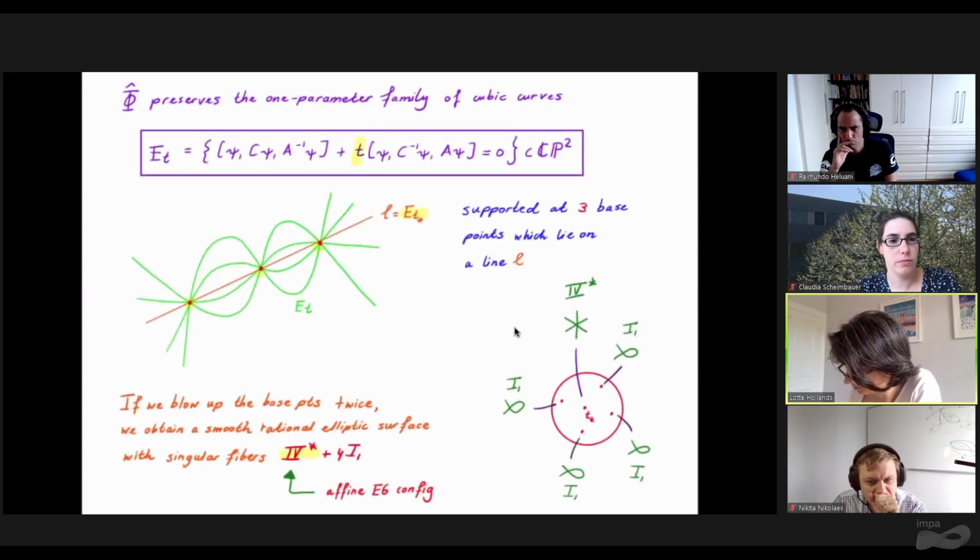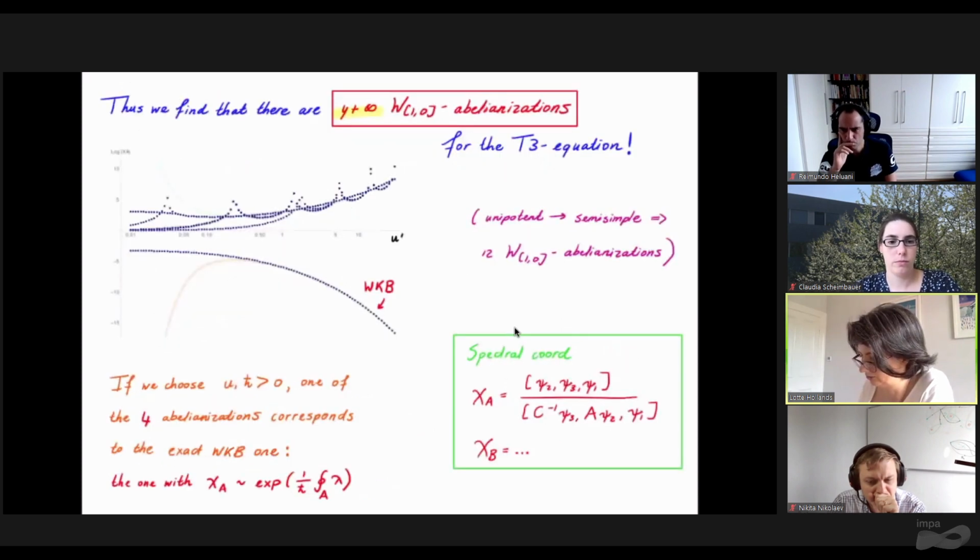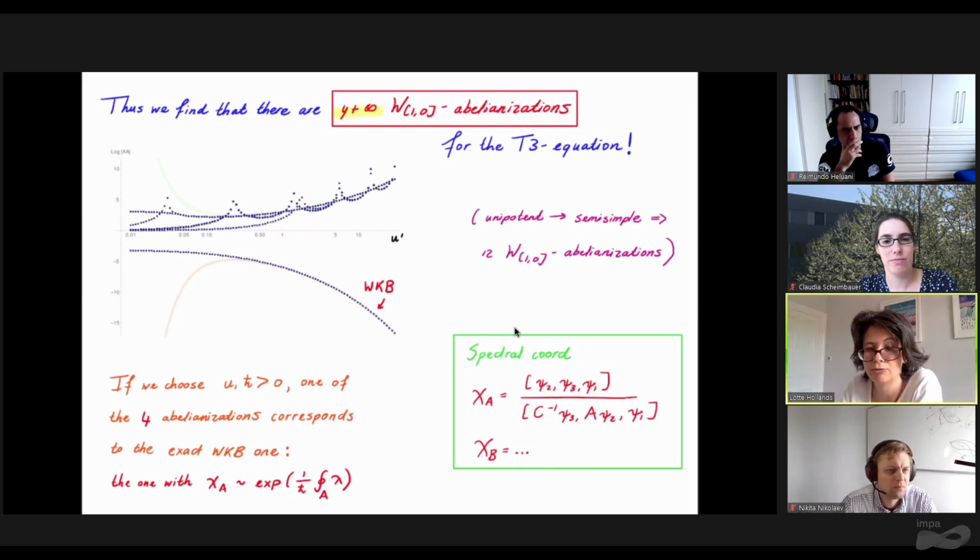All these I1 fibers just contribute a node, but the IV star fiber contributes a whole line L of abelianizations. So we find that for this unipotent problem, there are 4 plus infinity abelianizations. You could also do this for the semi-simple case, where you turn on all the masses, and then you find that there are actually 12 discrete abelianizations.